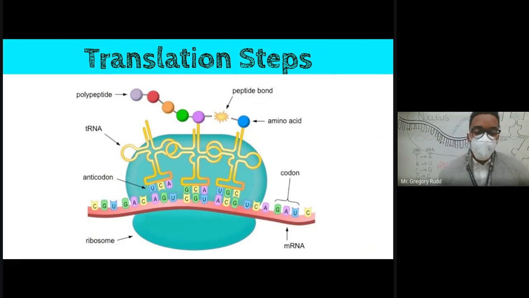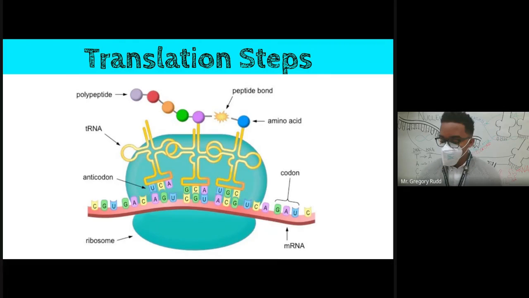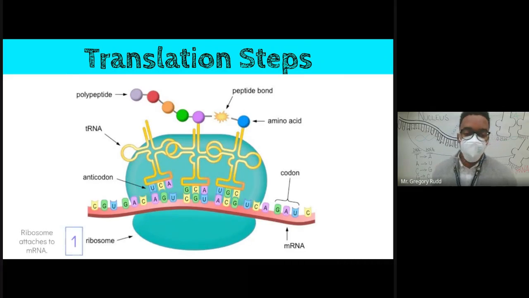All right. So some important structures to note here. We see the mRNA strand down there at the bottom. The ribosome is that big blue thing that's kind of in the background of everything. So this entire process of translation is happening inside of the ribosomes. The first step, as we noted, is that the ribosome is going to attach to the mRNA.